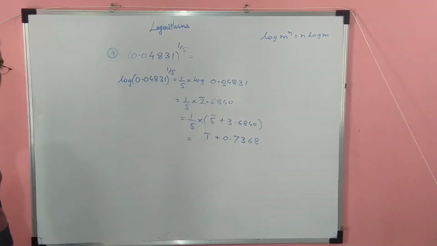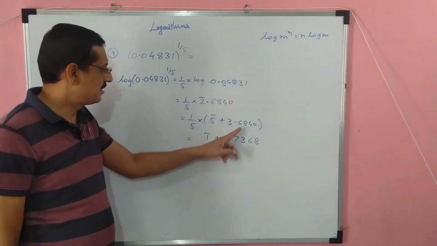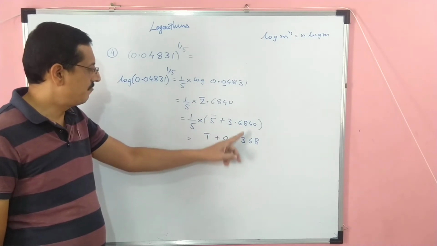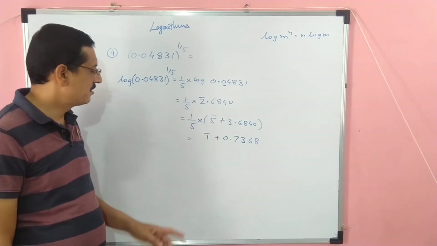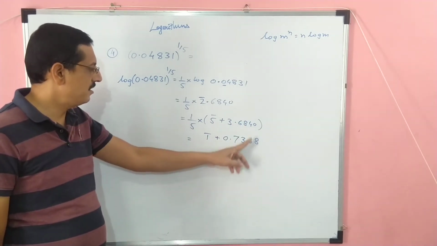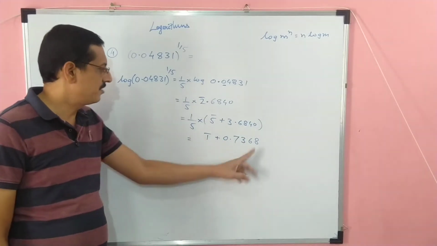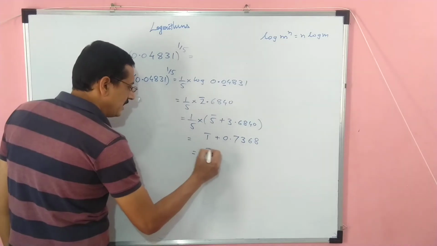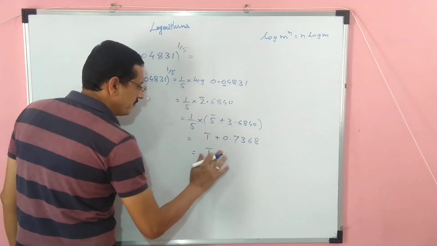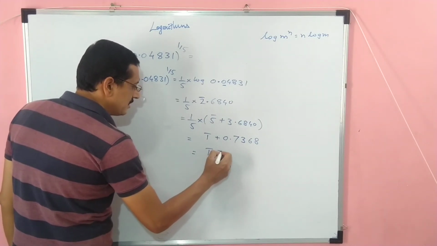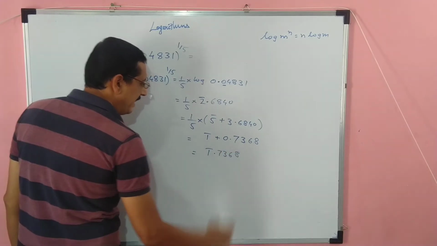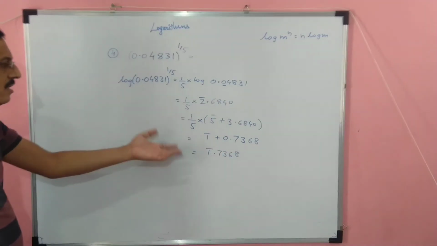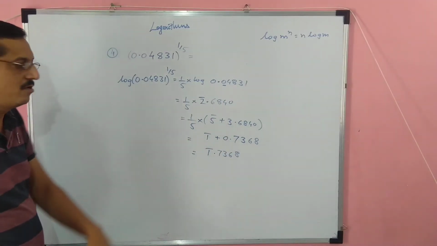So I hope the division is correct. Okay, this means it is bar 1.7368. Solution is done.